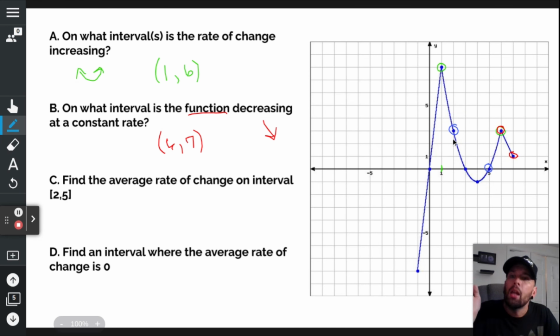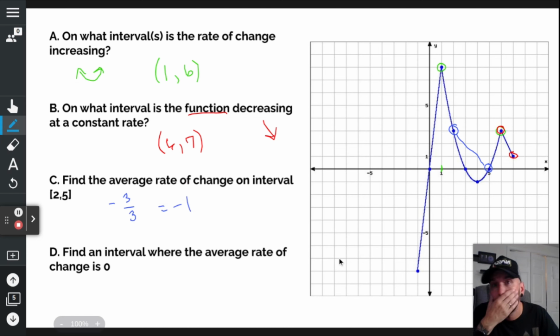The average rate of change is the same thing as slope. So it's the slope connecting those two dots if I knew how to draw a straight line. Down 1, 2, 3, right 1, 2, 3. The average rate of change is negative because it's a negative slope, 3 over 3, which is the same thing as negative 1. No calculations needed.